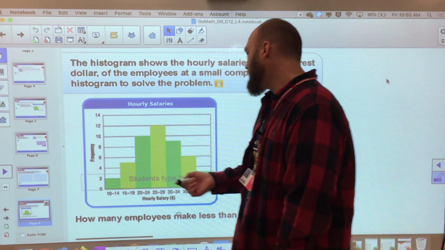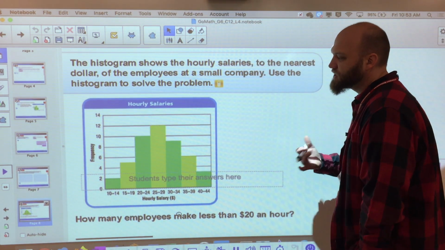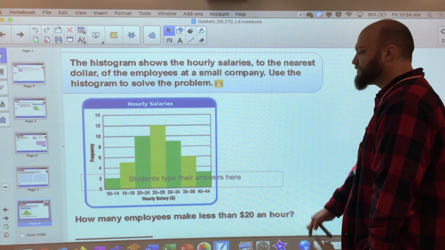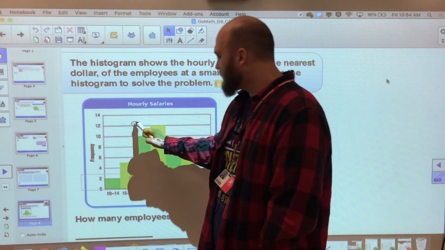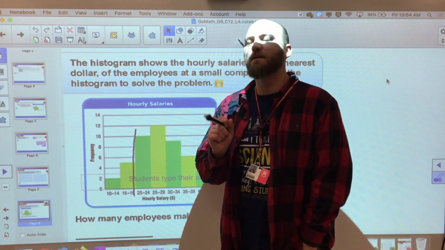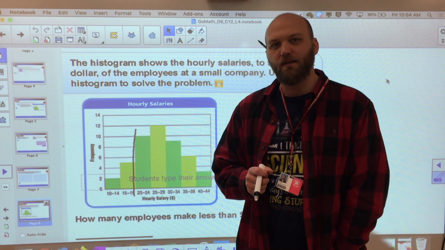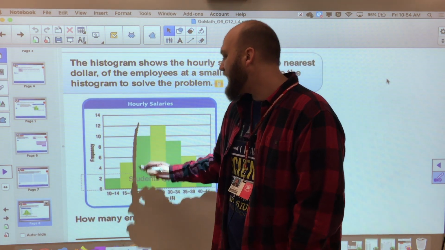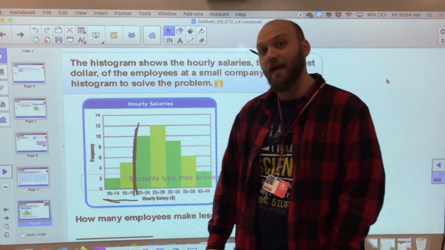So what I want to do then is ask myself a specific question once I've organized my data. How many employees make less than $20 an hour? So I make my cutoff at $20 an hour. And now the question is, how many of them make less than 20? So if $20 an hour is the bottom here, everything below it counts.